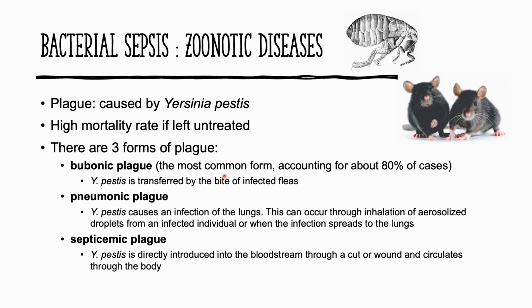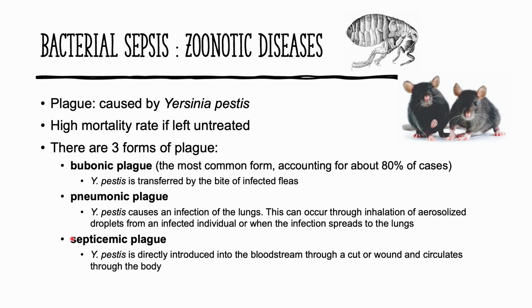So that is the most common, and it has the lowest mortality rate. People that have bubonic plague, if completely left untreated, have a mortality rate of, I believe, somewhere from 1 to maybe 10%. But there is treatment available, and with treatment, all of these are survivable. But bubonic plague has the lowest mortality rate.